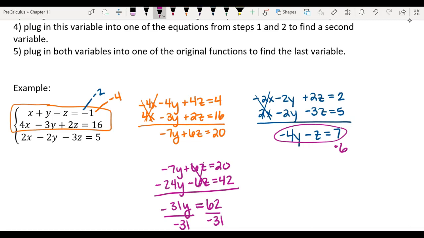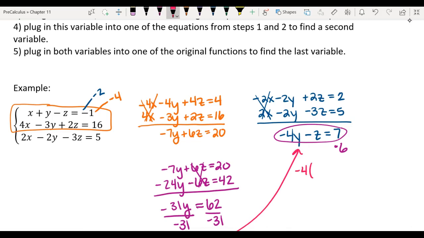Now, you're going to start working backwards. We have y. We're going to start working backwards, plugging in to find our x and our z. So we found y is negative 2. Now we're going to pick one of these to plug y into to find our z. I would recommend this one, right? This one's more simple. So I'm going to take my y and plug it in here.